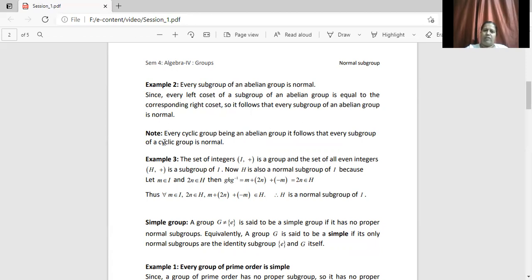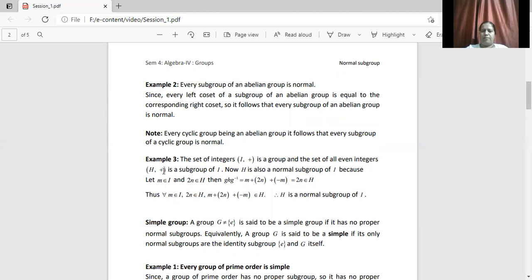Then note that every cyclic group being an abelian group, it follows that every subgroup of a cyclic group is normal. So we learned that every subgroup of an abelian group is normal, and every subgroup of a cyclic group is also a normal subgroup.